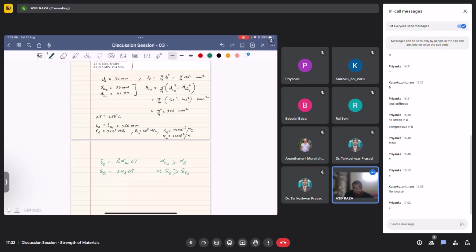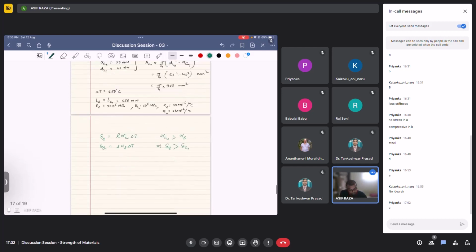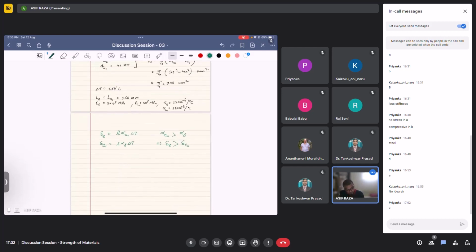Okay, here I'm making a mistake. Delta Cu would be greater than delta S. But since it's a composite system, copper would experience a compressive stress.